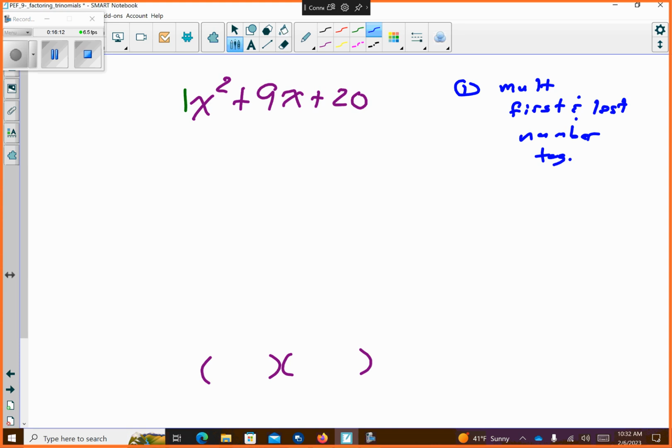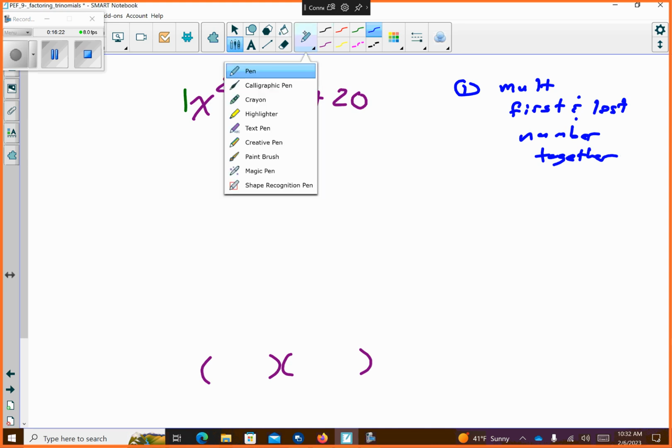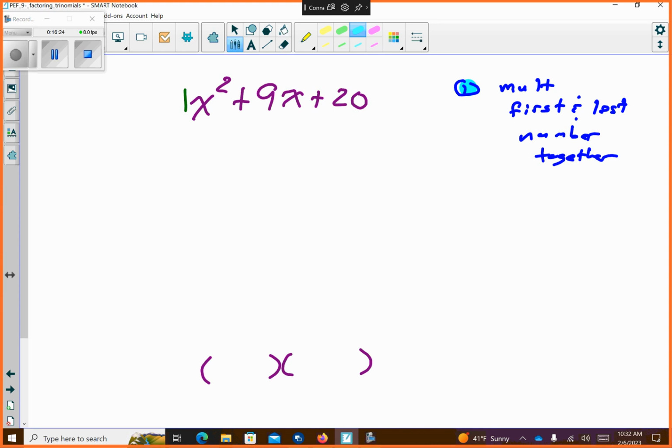20x squared? I love your thinking, but multiply first and last number. Oh, 20. Yeah, 20. So the first thing here is I'm going to multiply this positive 20 and this 1 together. You're just putting a 1 in front of the x squared because there's always a 1 in front of a letter, but we just don't write it because we're lazy.